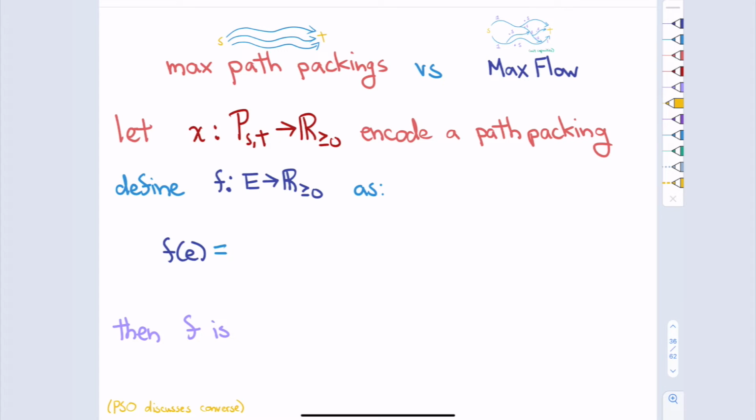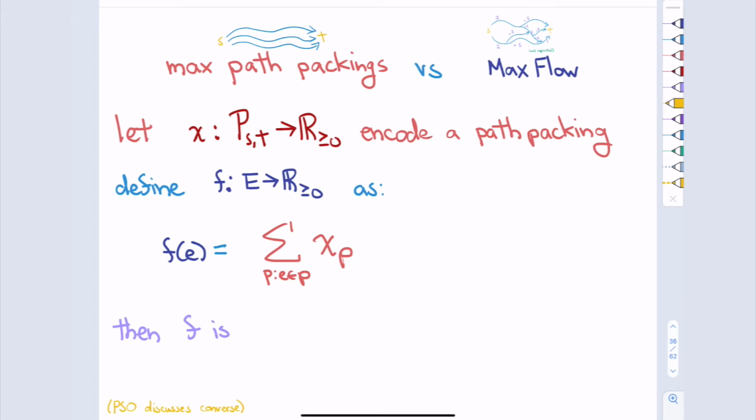One interpretation is to think of each path going from S to T as one particular unit of flow going along a particular path. That's not actually how liquid would intermix, but that analogy suggests I define the flow on an edge E to be the sum, over all the paths P that contain the edge, of the total amount of that path I took.